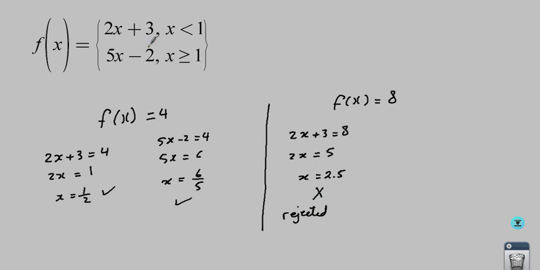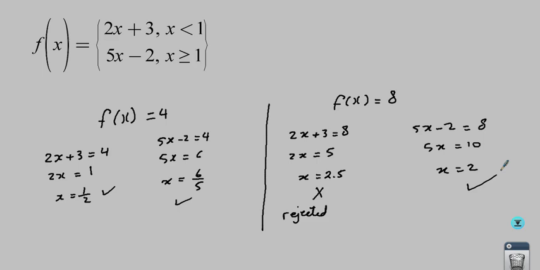But still, I apply it for the other rule. 5x minus 2 equals 8 gives me 5x equals 10 and x equals 2, but this rule applies for values of x that are greater than or equal to 1, which is applicable to 2, so yes, this is the only answer in this case.